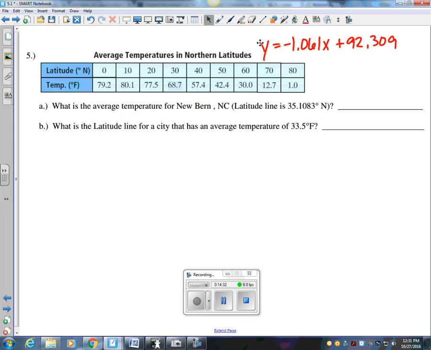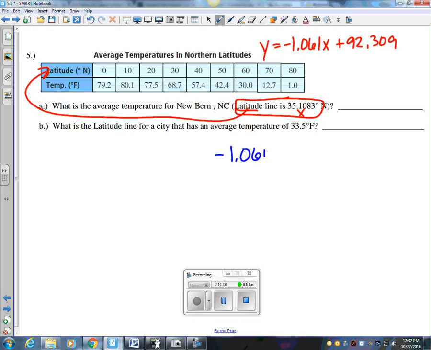Okay, what is the average temperature for New Bern, North Carolina? Latitude line 35.1083. So this is latitude, which is the top column, so this is an x value. So in my equation, I would do negative 1.061, parentheses 35.1083, plus 92.309. So I'm doing the work right here.